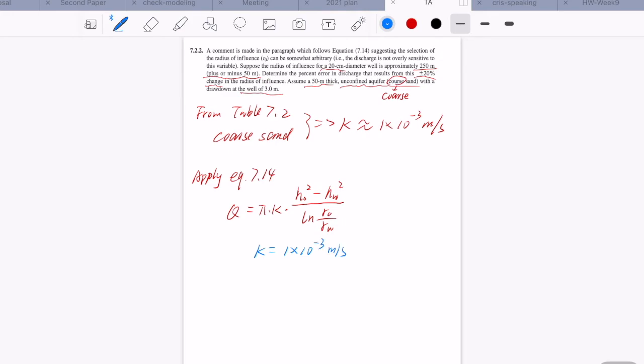From the problem, H0 is 50 meters and our drawdown S equals 3 meters, so HW should be equal to 47 meters. We also know the radius of the well RW equals 0.1 meter.